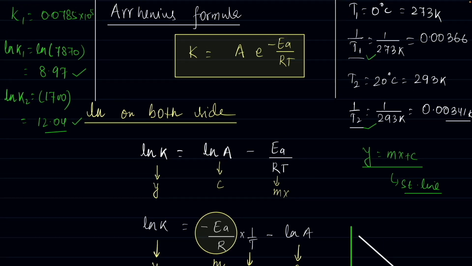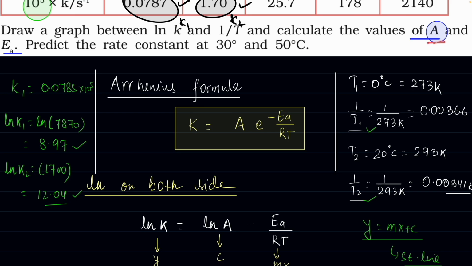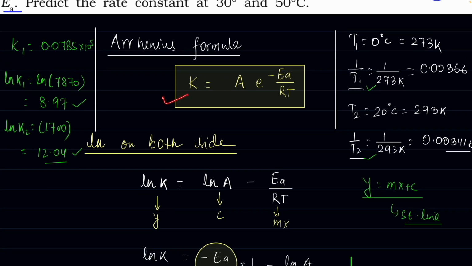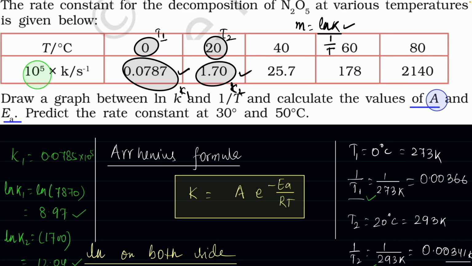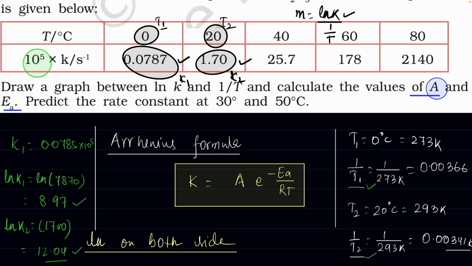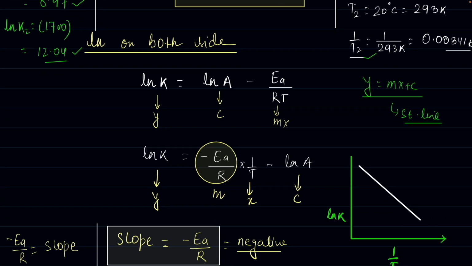Now we have to find the value of A. To find this value of A, we have to use either this relation or this relation and substitute the value from the table, since we already found the values of ln k1 and ln k2. Any one we can take. So based on this, we can substitute the value of ln k and the temperature, and we can find the answer.